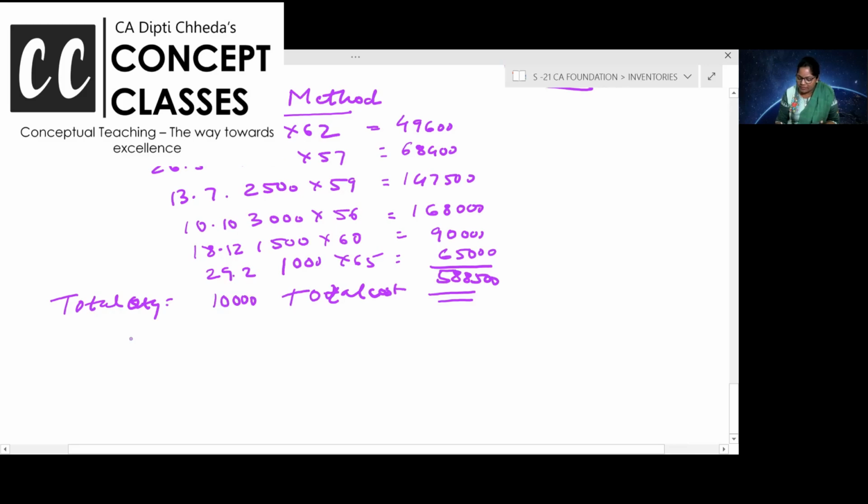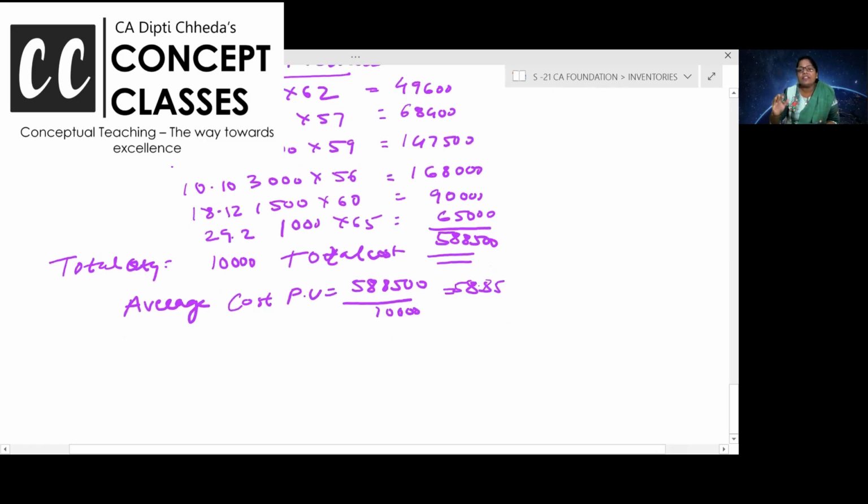So what is the average cost per unit? 588,500 divided by 10,000. That is 58.85. This is the average cost of all the purchases.